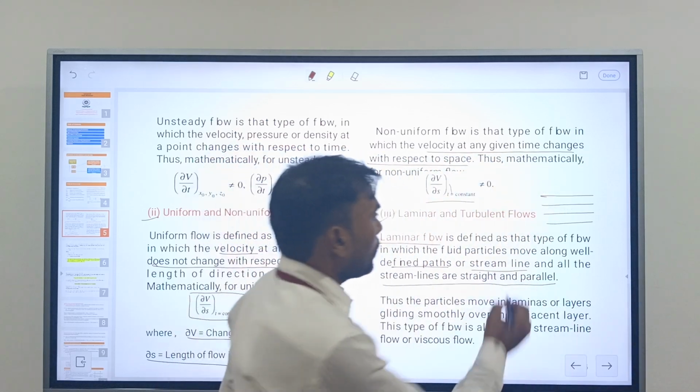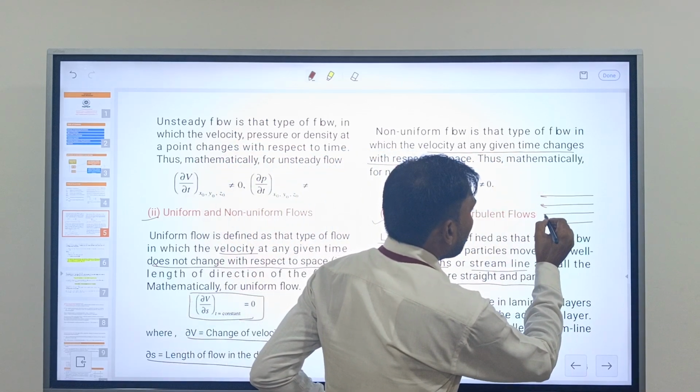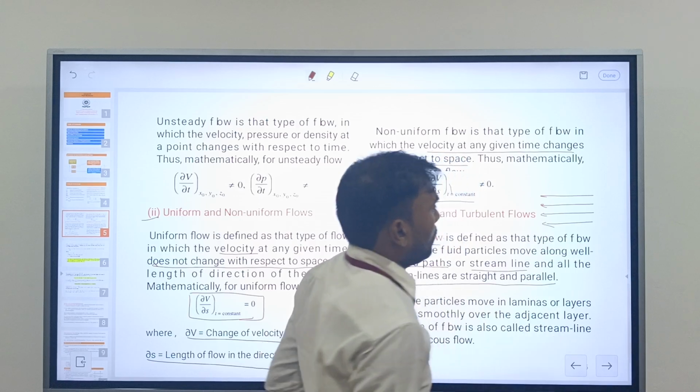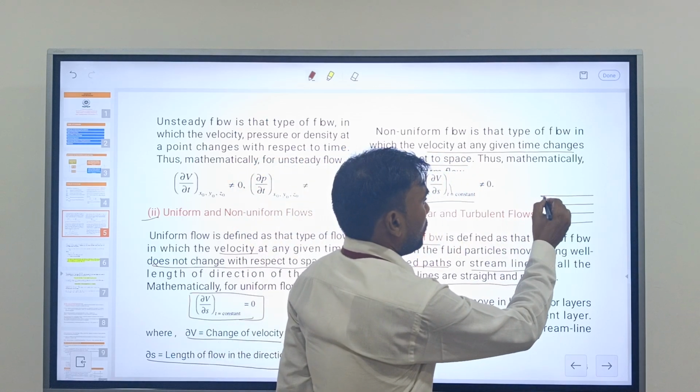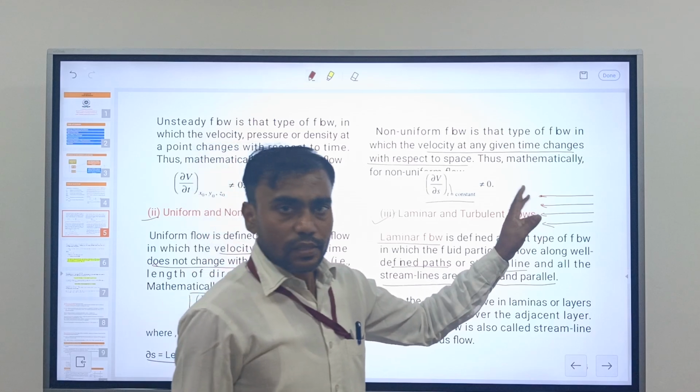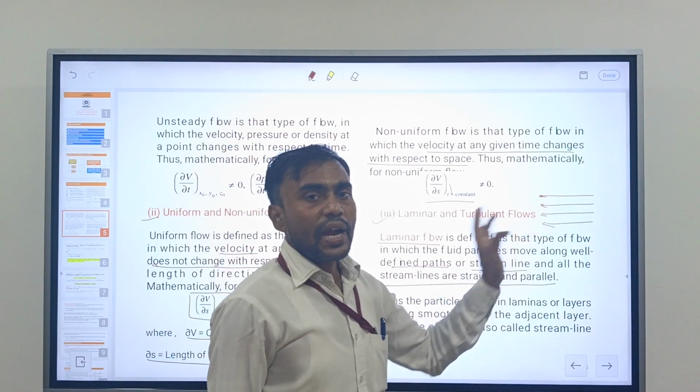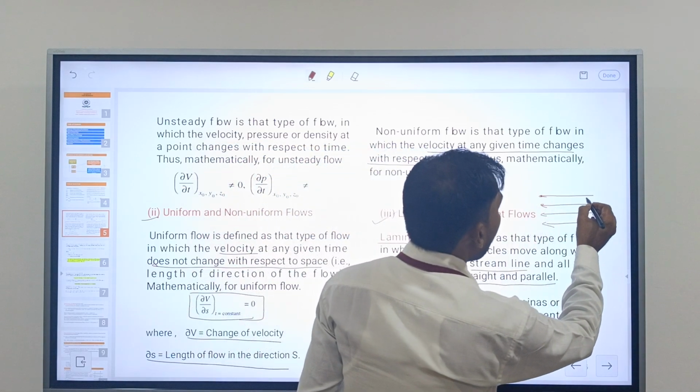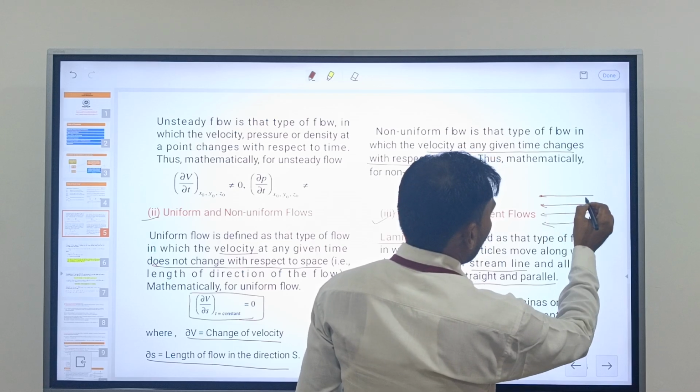Here you can see the well-defined path in which fluid particles are moving.